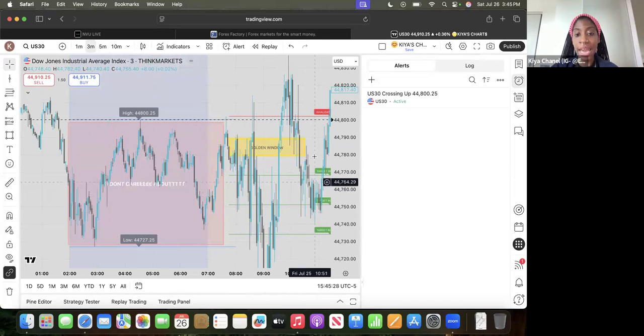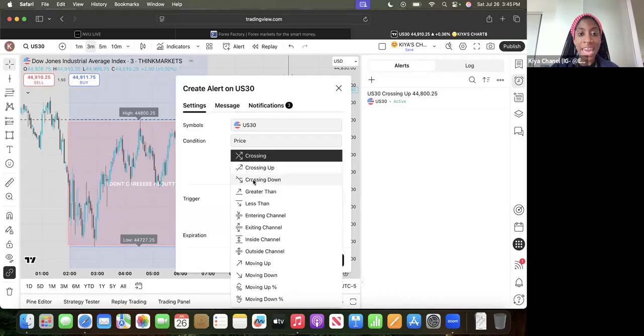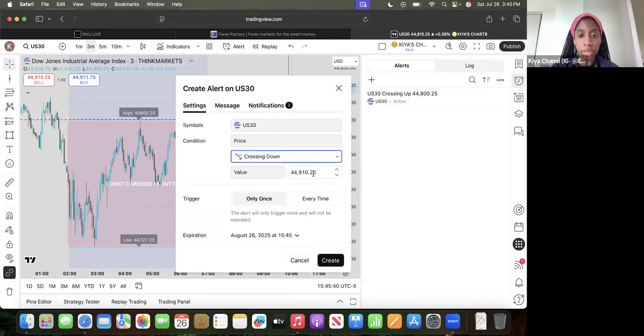Okay? Now, you want another one for the low. So you're going to go back to your alerts and you're going to do a crossing down alert. And you're going to put in the low. So the low was 44,727.25 that the chart had gave us.